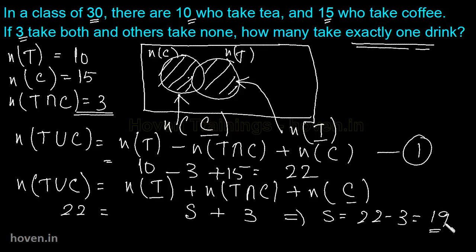This solution would have been impossible without a knowledge of these two equations. So my stress, as I told in those lectures also, that these basic Venn equations, they are a must for anybody preparing for these analytical exams.